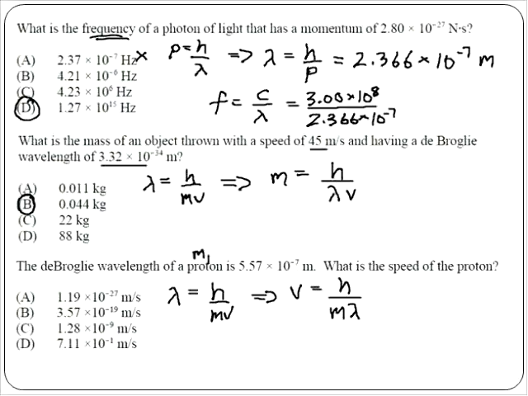This is mass of proton, which is like that on your data sheet. You look it up, and the mass of a proton is 1.673 times 10 to the power of negative 27. You're given the wavelength. You know what h is because it's a constant. Plug all those in and do the calculation, and you get this, 0.711, which is actually 7.11 times 10 to the negative 1 when you change it to scientific notation.